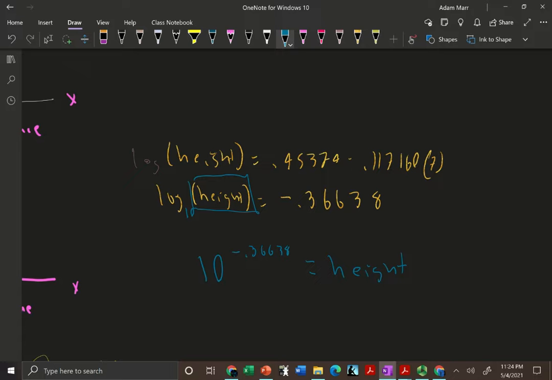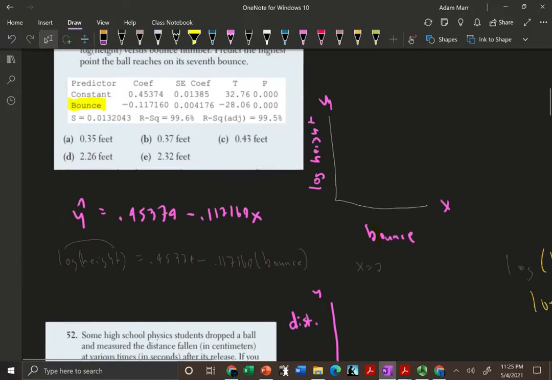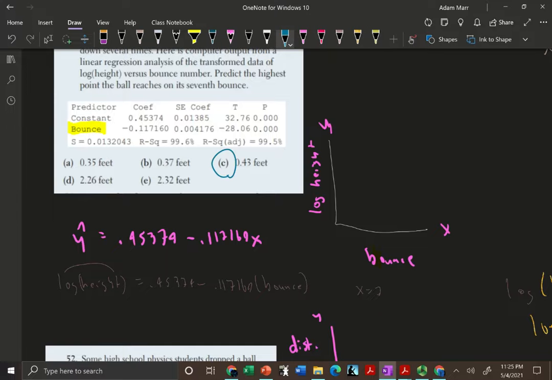Once we figure that out, 10 to the negative 0.36638 equals 0.4301. So height is 0.4301. We go down to our multiple choice, and there it is, letter C.